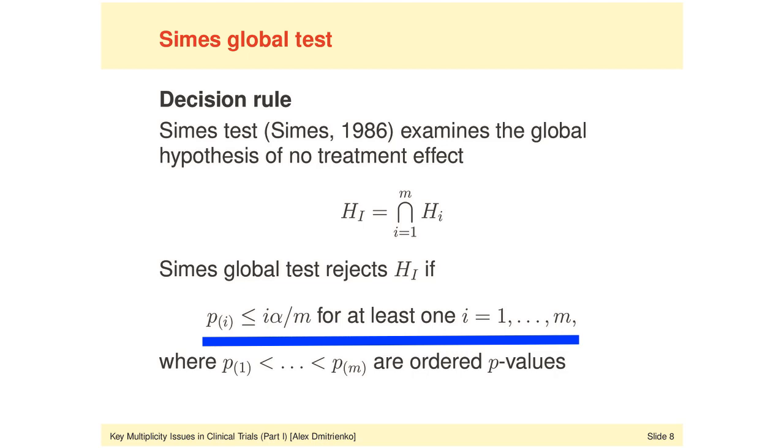This immediately implies that the Bonferroni procedure is based on the first condition on this list, but the Simes test uses all m conditions simultaneously. And as a direct result of that, we conclude that the Simes test is more powerful than the Bonferroni procedure, which means more formally that the Simes test rejects the global null hypothesis whenever the Bonferroni procedure rejects the global null hypothesis.